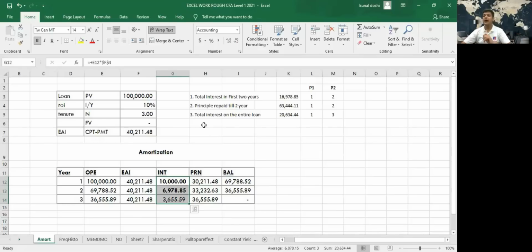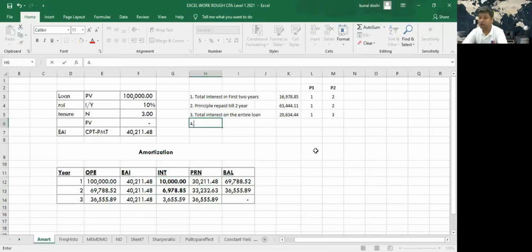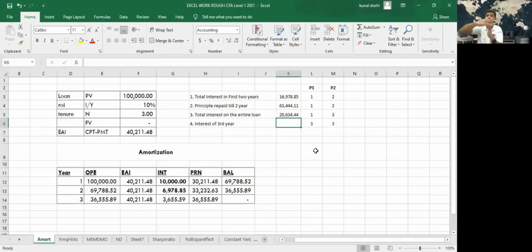But if you just had to find interest of third year, only third year specific, then your P1 should be 3 and P2 should also be 3, because you are finding only third year, not cumulative. I'm not saying total interest for 3 years. I'm saying interest of the third year.